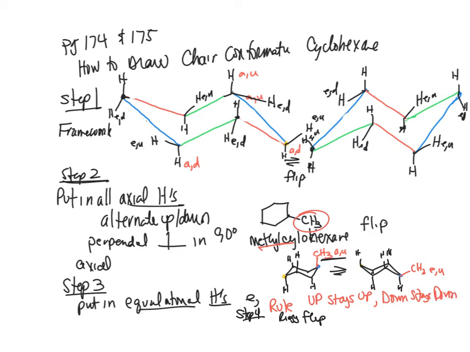Now in class I make everybody chant that. Equatorial becomes axial, axial becomes equatorial. So this is axial up, and this became equatorial up. Did up stay up? Did axial become equatorial? And so that's the ring flip.